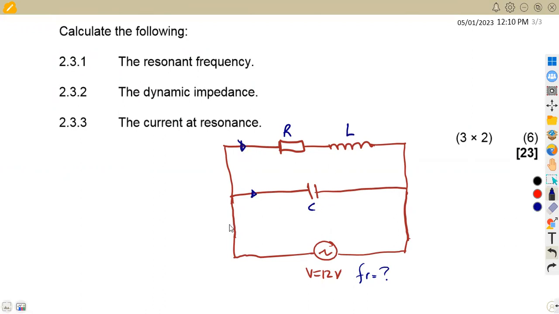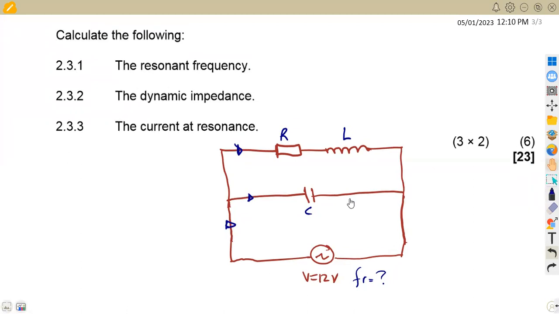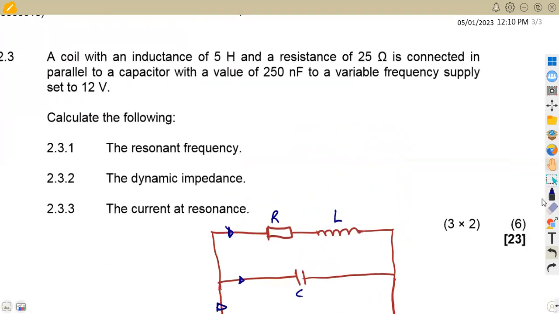So that is what we are going to have as our circuit. And we are given these values, the inductance, that is 5 henries, the resistance at 25 ohms, the capacitance, which is at 250 nanofarad.